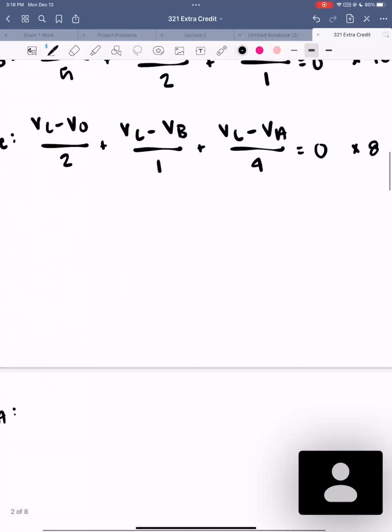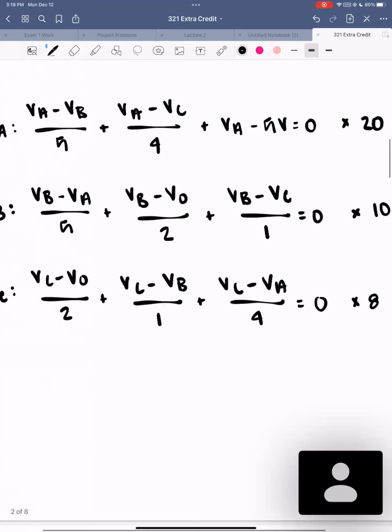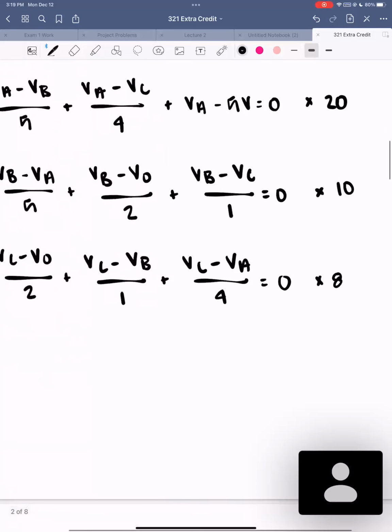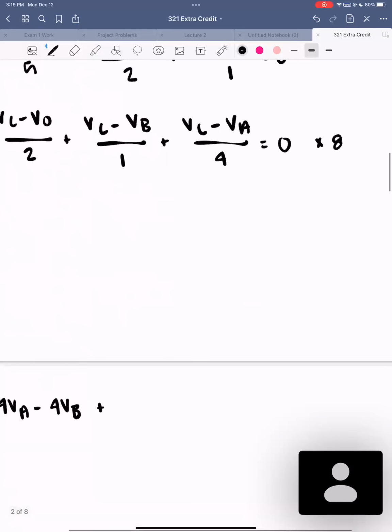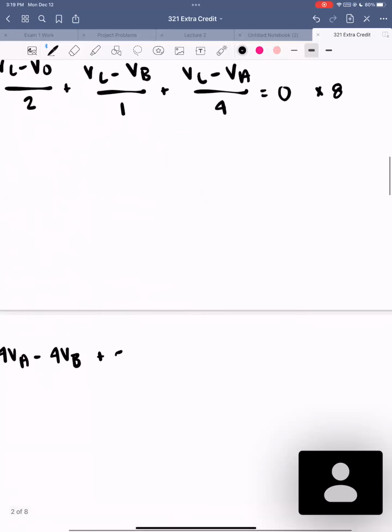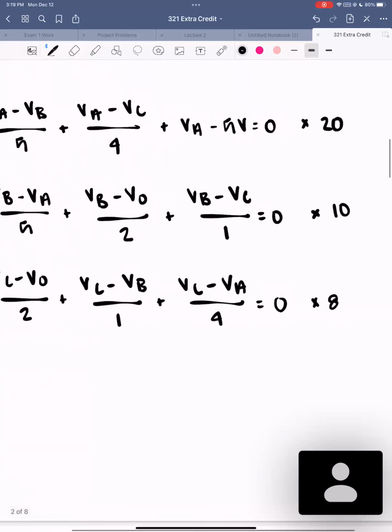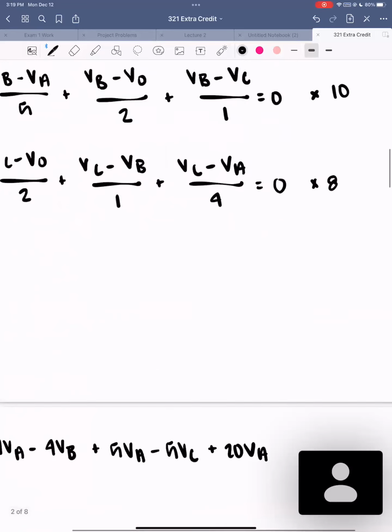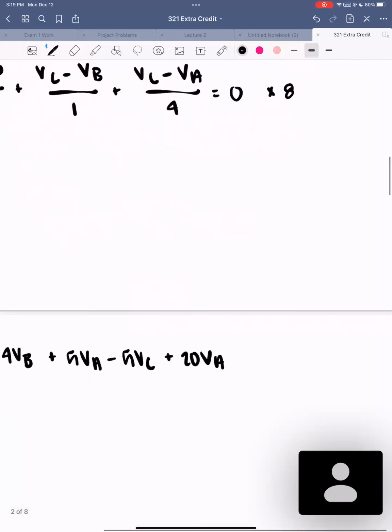So we're going to go ahead and reduce that. So we get 4 VA minus 4 VB plus 20 VA minus 20 VC all over 4. And we'll reduce that. So plus 5 VA minus 5 VC plus 20 VA minus 20 times 5, which is 100 volts. And that all equals 0.